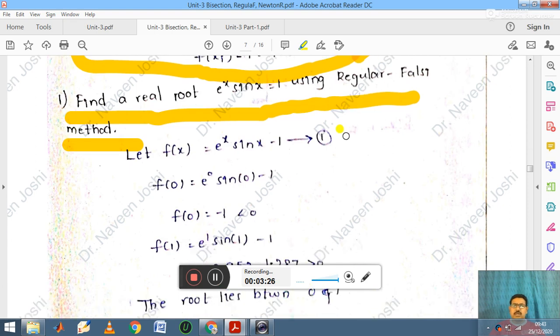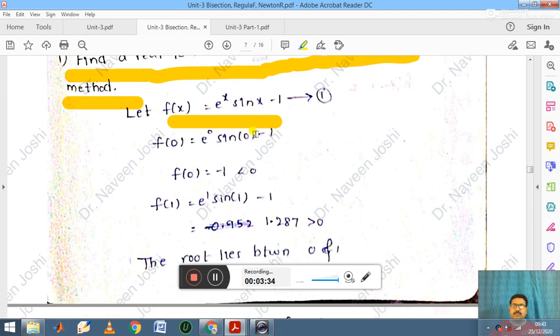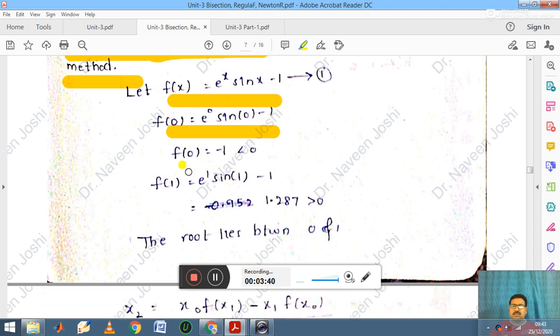You just switch to radian mode and calculate the trigonometric functions. Then take the given expression as equation 1, that is f(x) equals e power x sin x minus 1. Then f(0) equals e power 0 sin 0 minus 1, so its functional value is minus 1. Like the bisection method, by trial and error we are finding 2 points.